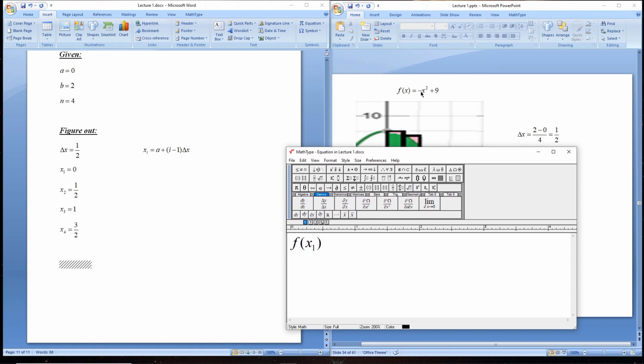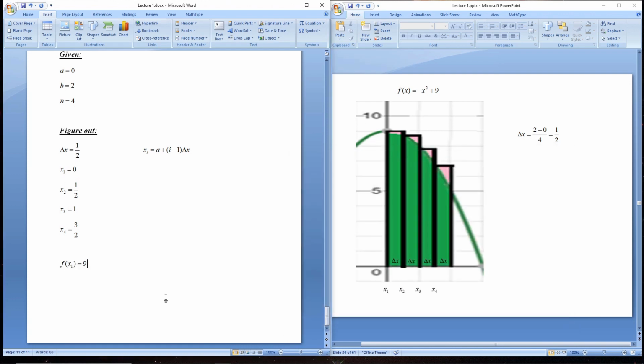So our function again is minus x squared plus 9. x1 is 0. So we're going to plug 0 into our function, which means that simply equals 9. And this 9 is the height of this first rectangle.